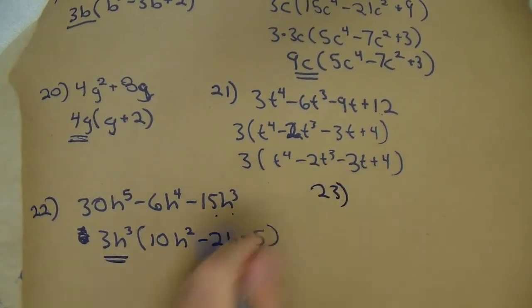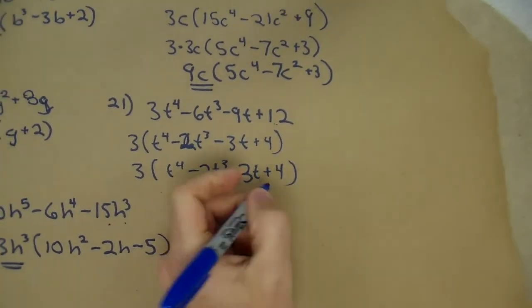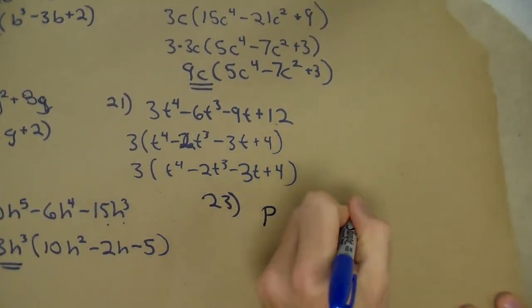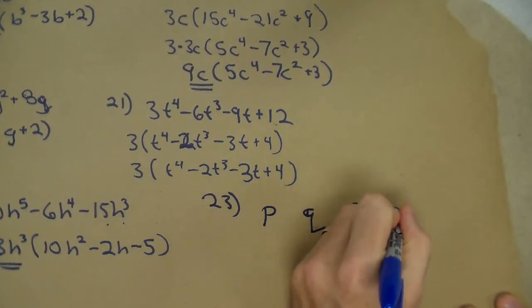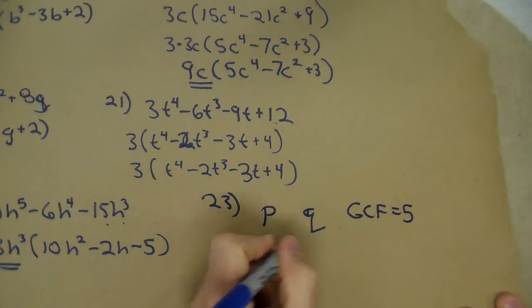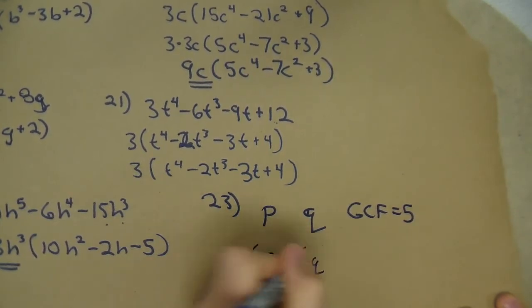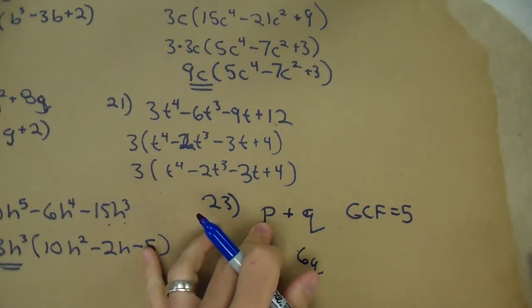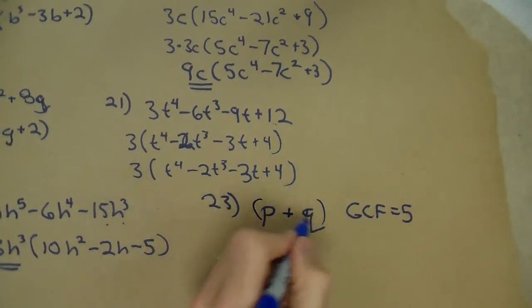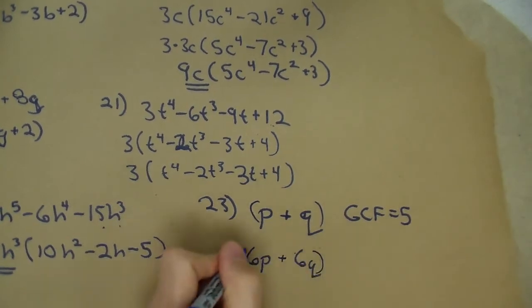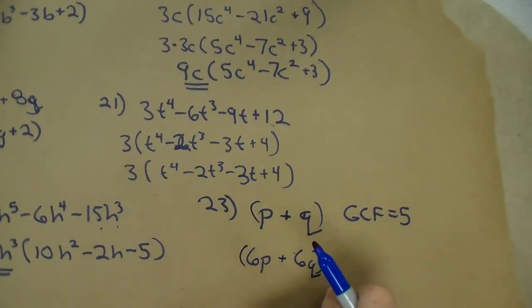Number 23 is an interesting problem because it tells us we have two numbers, p and q, and they have a GCF of 5. And it's saying, well, what if there was 6p and 6q? So let's do it this way. Let's treat it as if it was addition. They're not like terms, so I can't combine them. But there are our two terms, p and q. Now it's 6p and 6q.